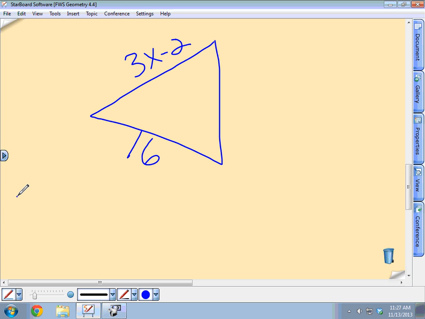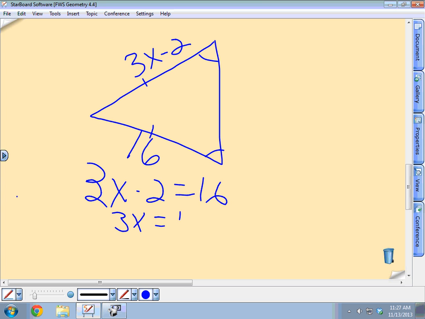Algebraically, 3x minus 2 is equal to 16. How do you know that? Because you have two congruent base angles, that means these sides have to be congruent. So 3x minus 2 equals 16. And that's simple, right? 3x equals 18 and x equals 6.